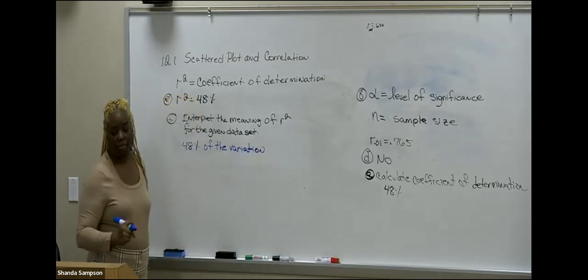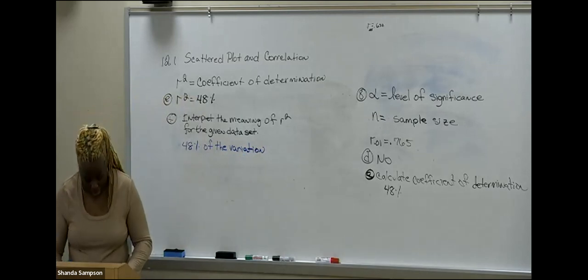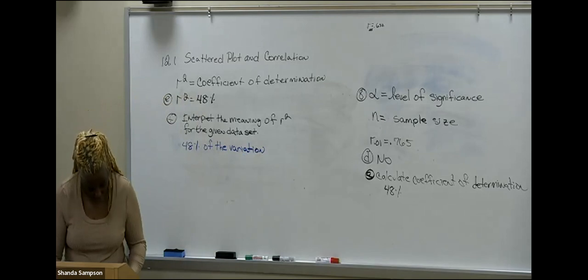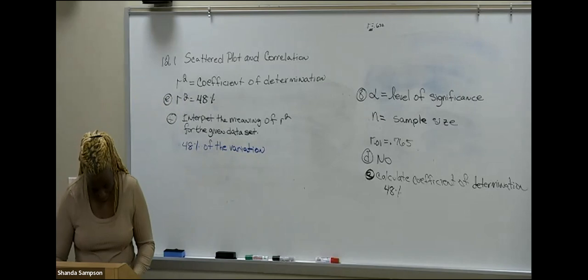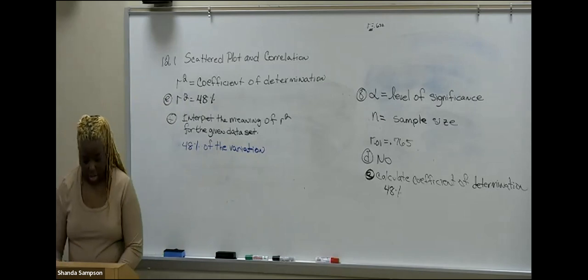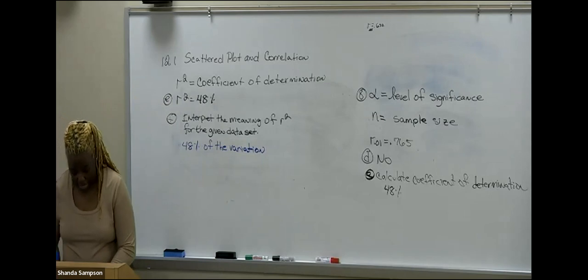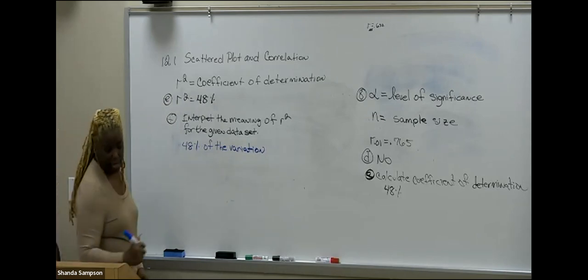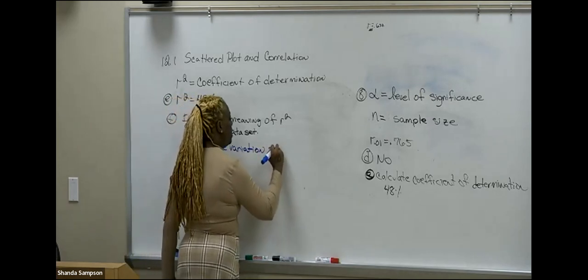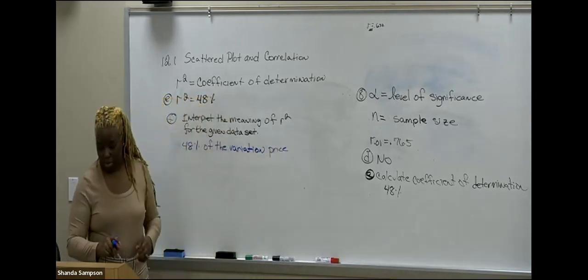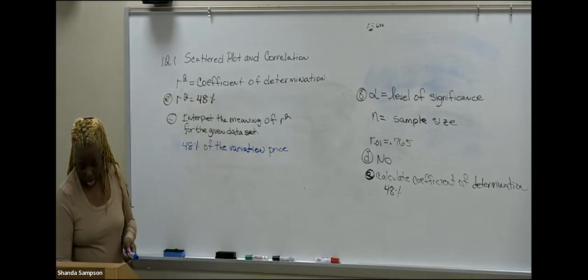Now we go into what we're talking about. Of the variation of, let me go back to the question. Of Y, whatever Y we're going with, of price. So 48% of the price, you can just leave it as price.